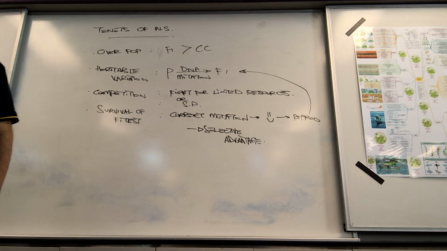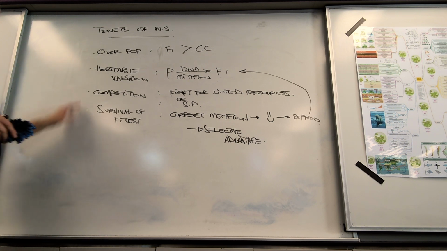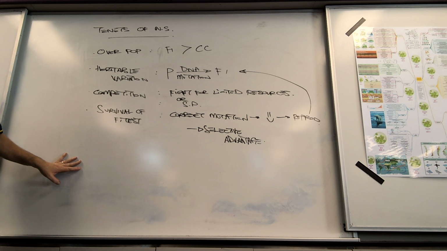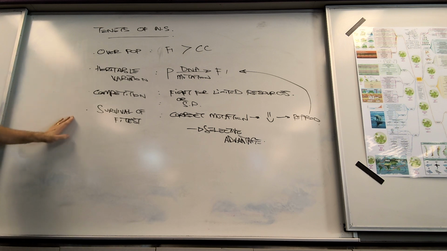Any questions? You need to know those in order. Very famous, the tenets of natural selection. It underpins evolution. We quite often say evolution is the process, the mechanism is natural selection.